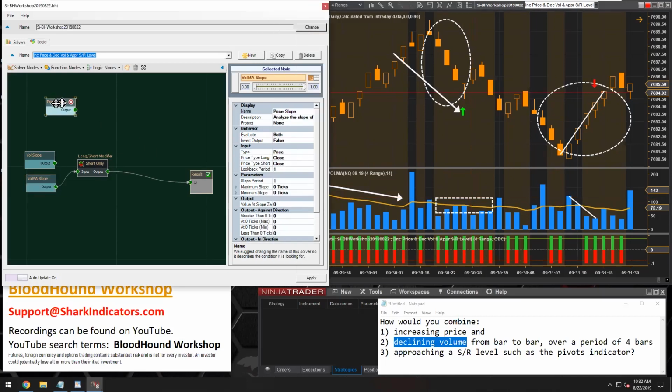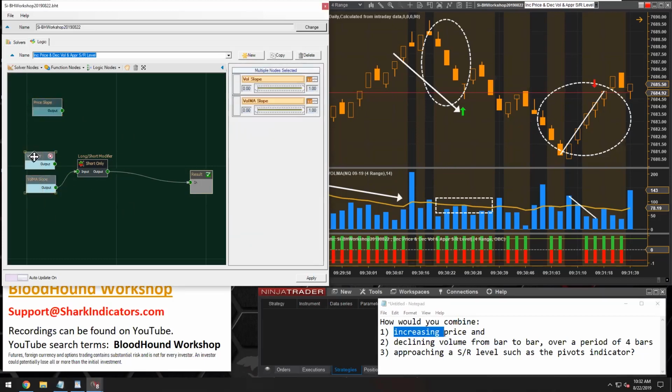All right, so here we go. So we have rule number 1, looking for price to decrease or increase, and then rule number 2, looking at the volume. And the last thing we need to do is determine when price is approaching a support resistance level, such as the pivots indicator.